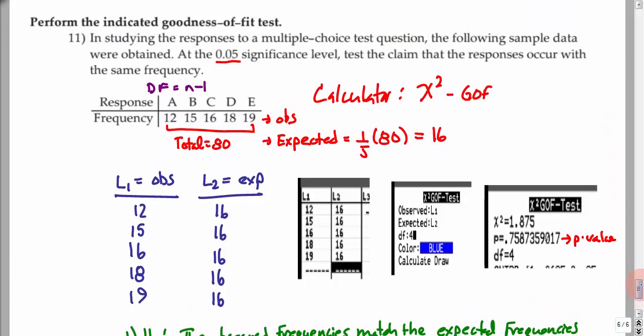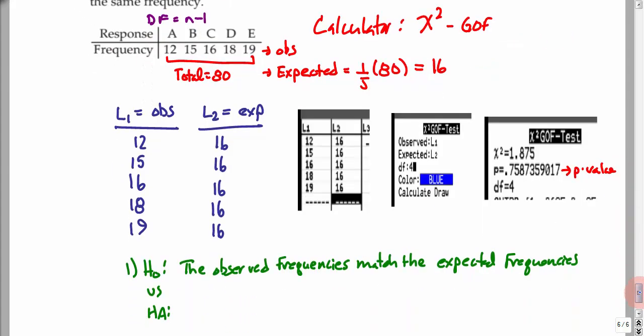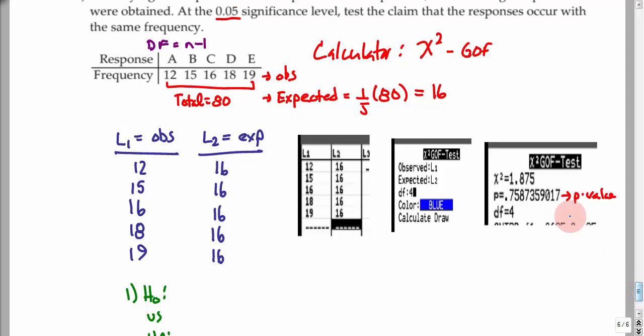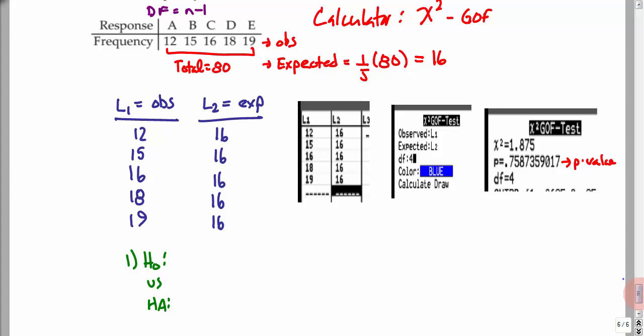Actually, I think that's wrong. Up here they were saying test the claim that the responses occur with the same frequency. So this could be the null hypothesis for a different type of chi-squared goodness of fit test. But for this particular example, they said specifically that the responses occur with the same frequency.